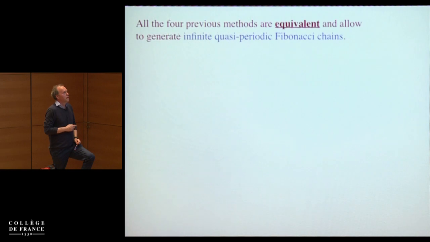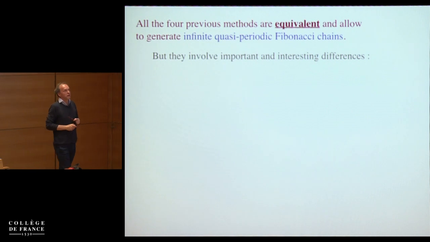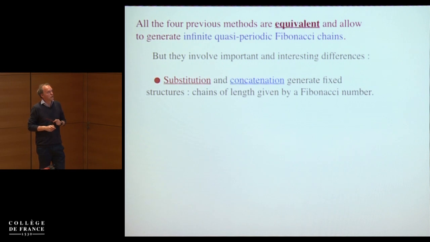Okay, good. And now I want to stress again that all the 4 previous methods are absolutely equivalent and allow us to generate infinite quasi-periodic Fibonacci chains that are just the same. But they involve important and interesting differences. The first one is that substitution and concatenation generate fixed structures, chains of lengths given by a given Fibonacci number.